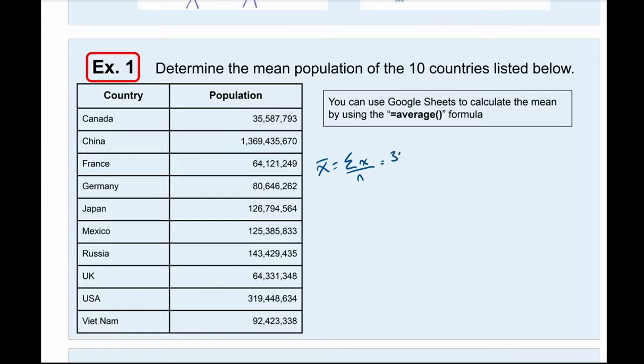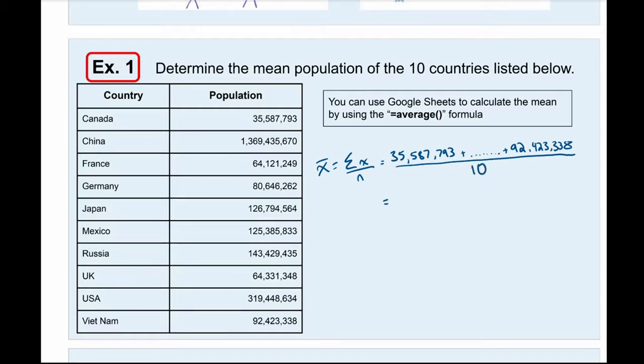So we have 35, 5, 8, 7, 7, 9, 3, plus, and so on, all the way to the last one, 92,423,338. We're going to divide that by the total number of data points. Because I'm using 10 countries, I'm going to divide by 10.